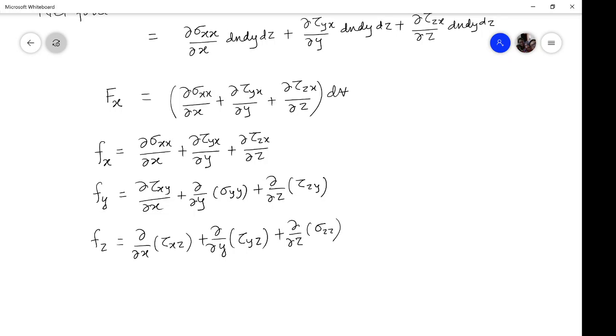I hope this is clear to you. And one thing you should always remember, stress is a tensor quantity, that is, it requires two directions to be specified correctly. And you can appreciate the fact that this has in totality 9 components.